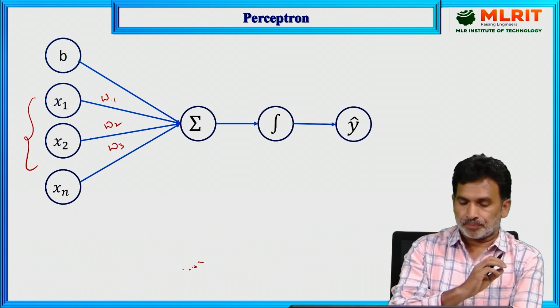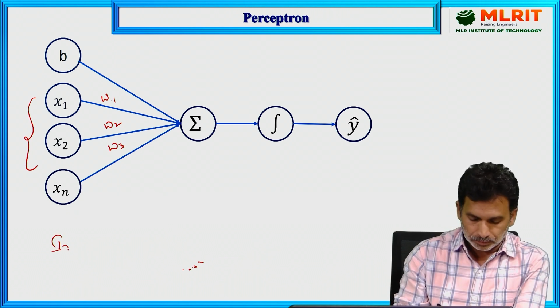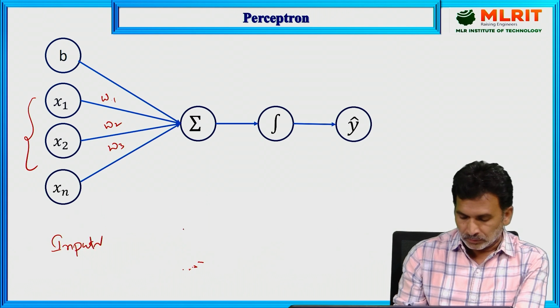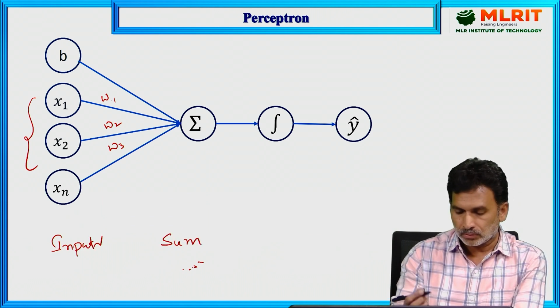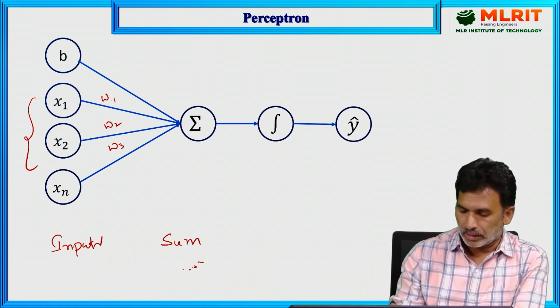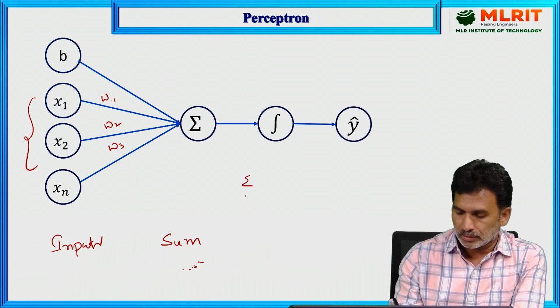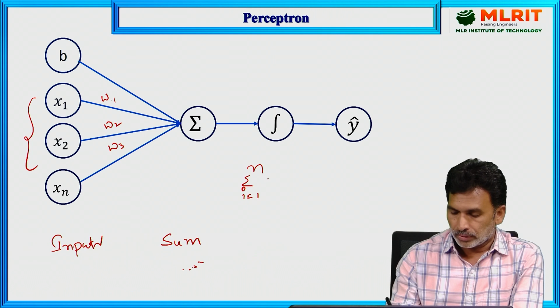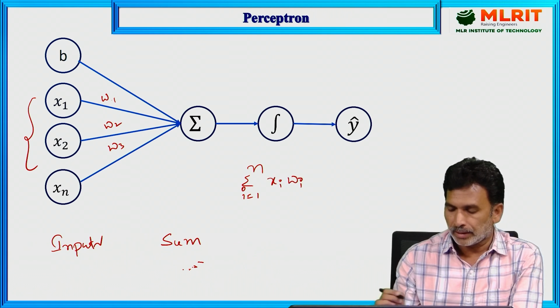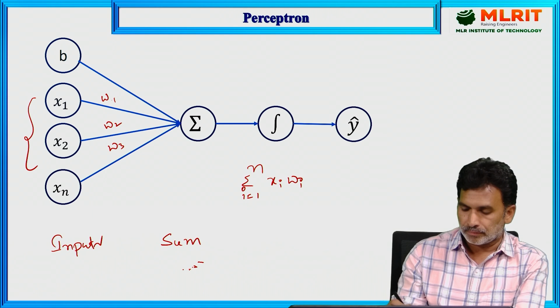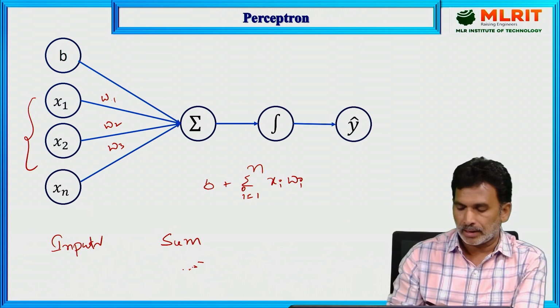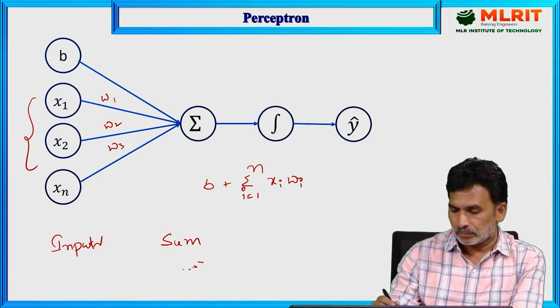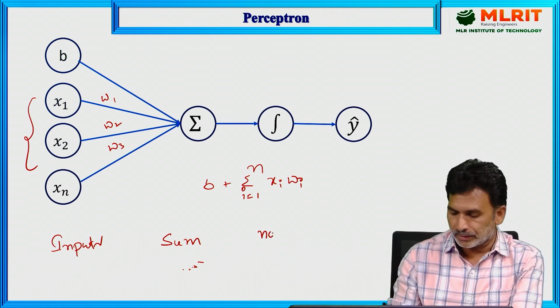Then we take the sum, sigma i equal to 1 to n, of xi times wi, and we also add the bias b.